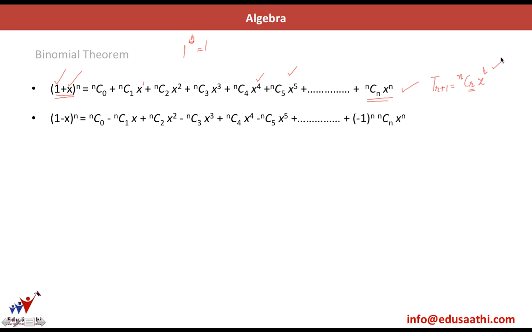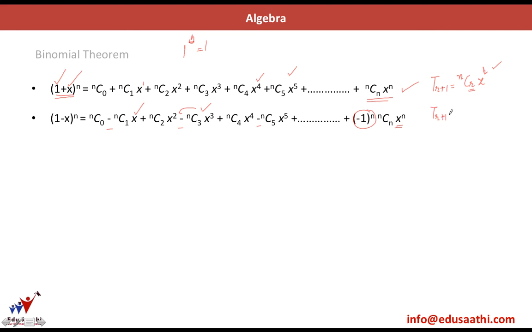Similarly, if you have 1 minus x raised to power n, alternatively you will have plus and minus sign. The expansion would remain exactly the same. The only difference would become this minus sign. Whenever it is an odd power, you will have a minus sign. Whenever it is an even power, you will have a plus sign. So the last term, I don't know whether the value of n is odd or even, so I'll write it as minus 1 raised to power n, ncn x raised to power n.